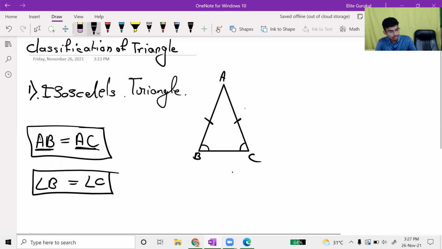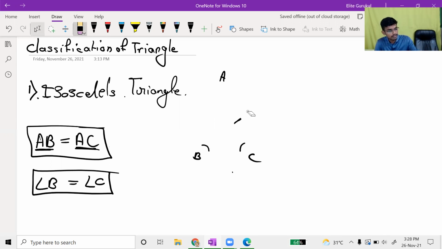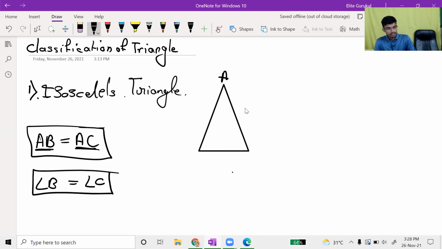Now if I tell you something tricky. If I told you that in triangle ABC, this side and this side are equal, then which angles will be equal to each other?